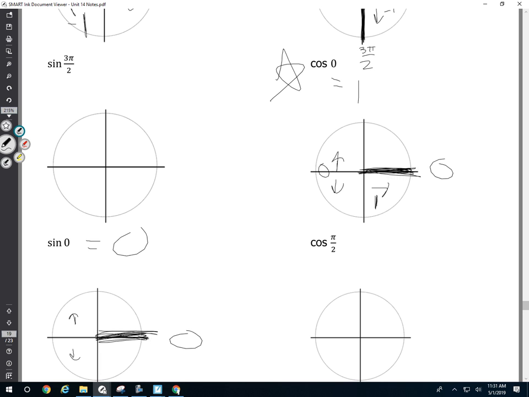The sine of 0 is 0, but the cosine of 0 is 1. What's the sine of 3 pi over 2? Figure it out. Discuss with your neighbors. Don't shout it out. Okay, discuss with your neighbors now. What is the sine of 3 pi over 2?